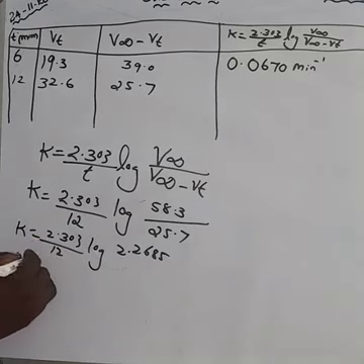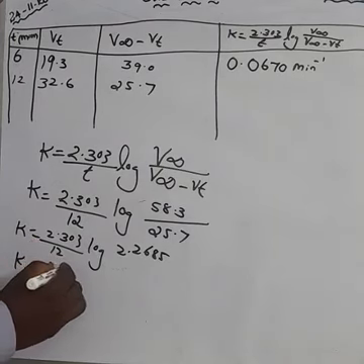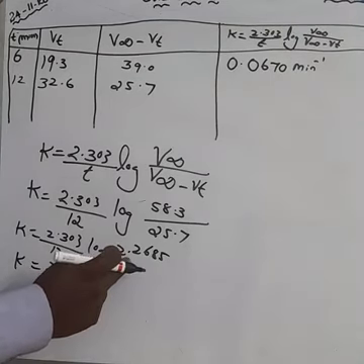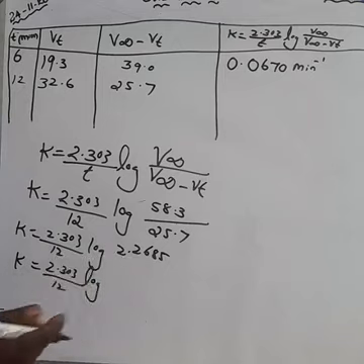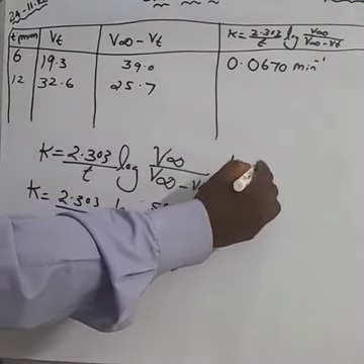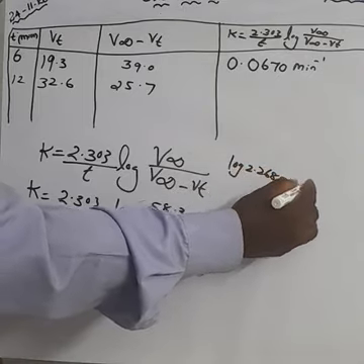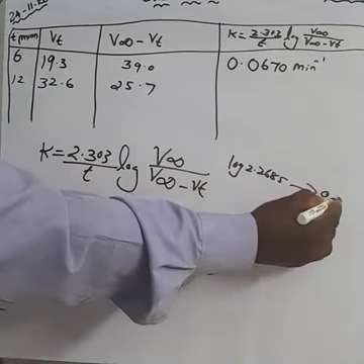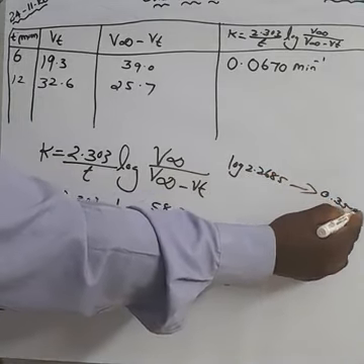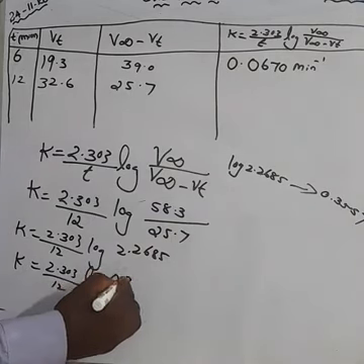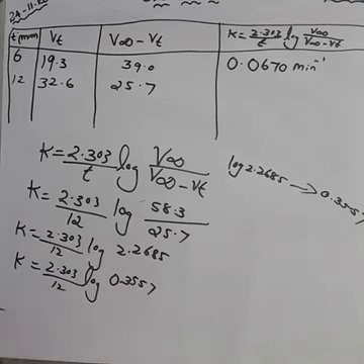So k can be written as 2.303 divided by 12 times log of 2.2685. The value of log 2.2685 is 0.3557.